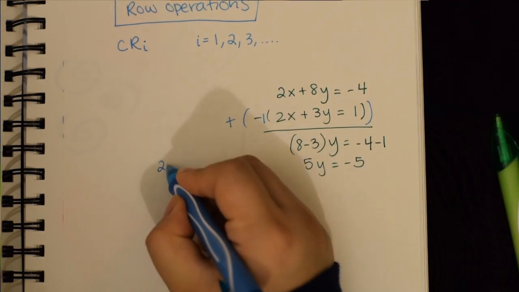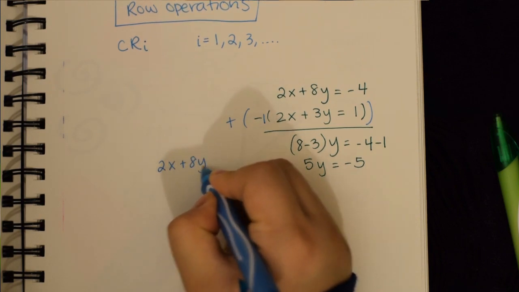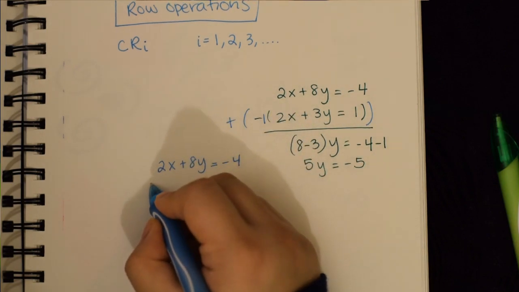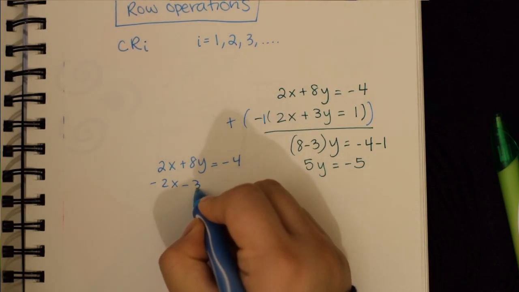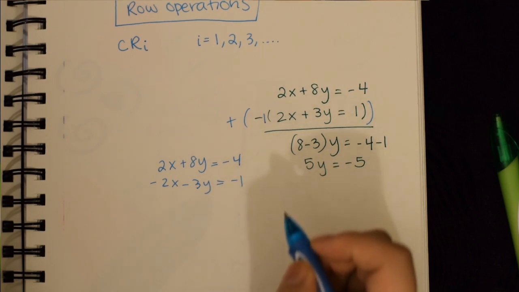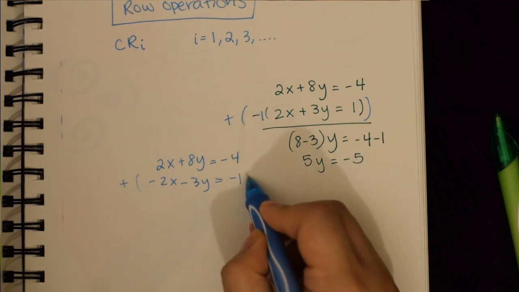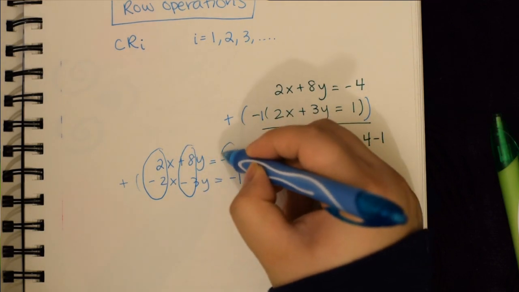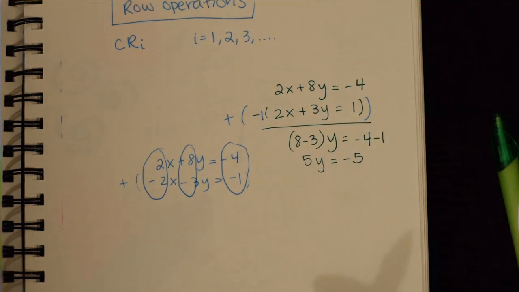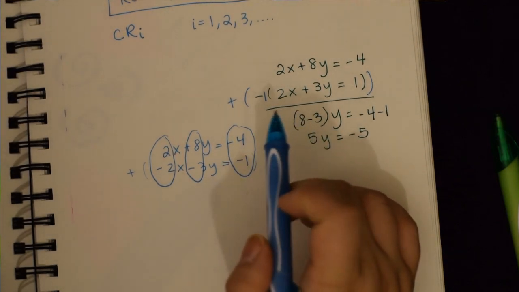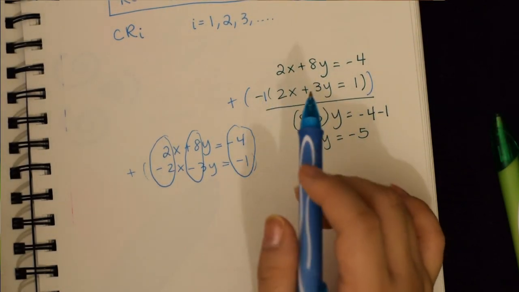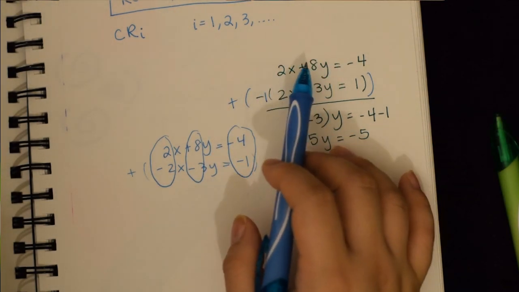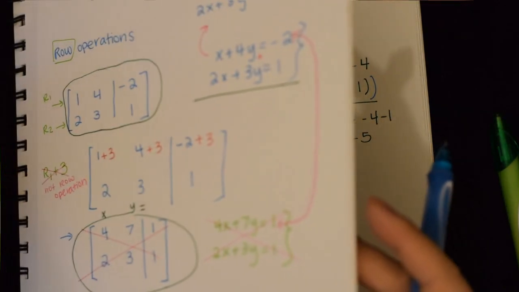So I would really be doing 2x plus 8y equals -4, and then -2x minus 3y equals -1, and then adding each term, this and this, right? So I know the -1 stuff was a little bit roundabout. I could have just multiplied by -2 in the first place, but whoops.